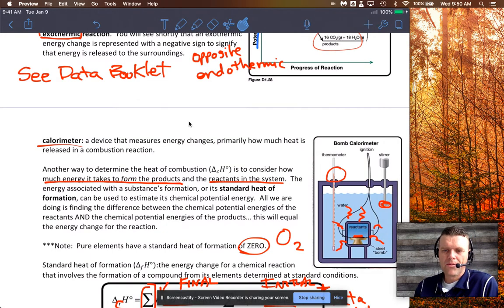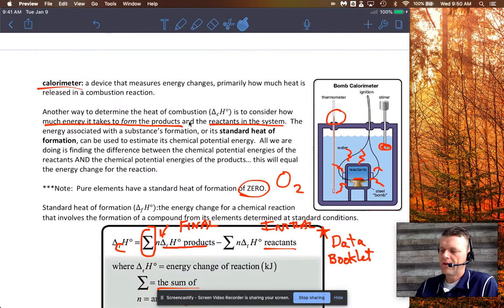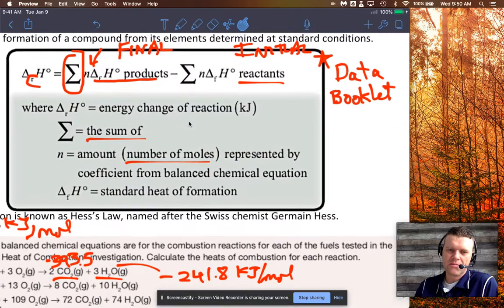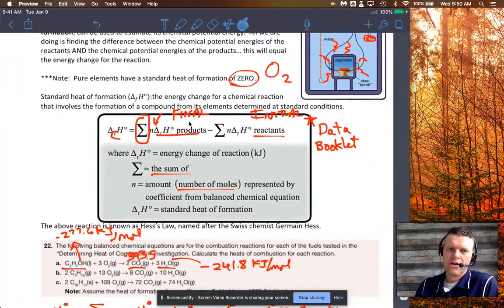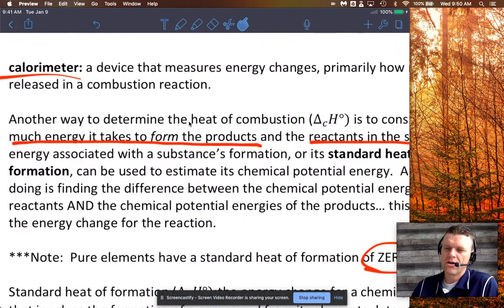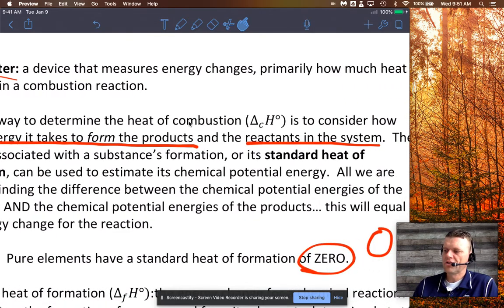That can be a little problematic in lots of ways, though, especially for large samples. Another way to do this was conceived by a man named Germain Hess, and I mention his name down here. It's called Hess's law, and he said we could consider how much energy it takes to form the products, not to break them apart, not to burn them, but how much does it take to form the products, and also the reactants.